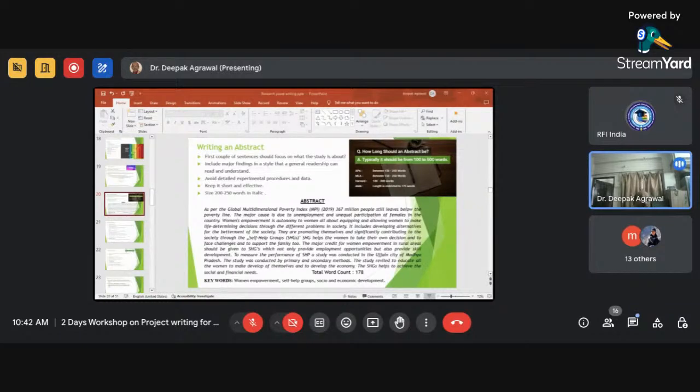Now, various publishers have differing opinions. As per my recommendation, an abstract of 200 to 250 words is good enough. Taken from another source, the abstract should be from 100 to 500 words.